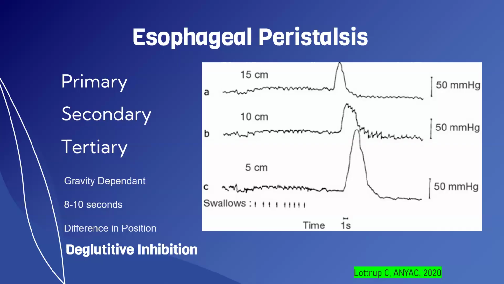Over here, as you can see in the image, it illustrates a normal esophageal peristalsis recorded by conventional esophageal manometry using pressure sensors at different levels. The three tracings represent pressure recordings from 15 centimeter, 10 centimeter, and 5 centimeter from the lower esophageal sphincter over time. Following a swallow, as we can see, the first wave is seen at 15 centimeter, then at 10 centimeter and 5 centimeter.